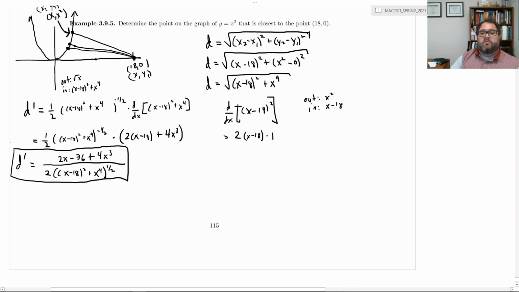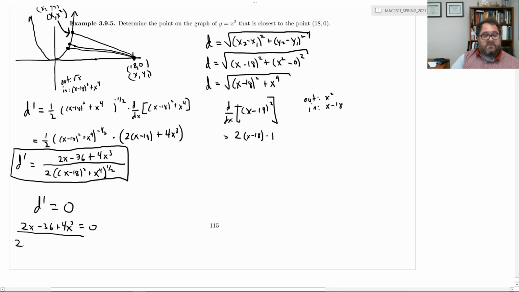Okay, now we want to set the derivative equal to 0 and solve. D prime equals 0. Now, you're going to hear me say this again. We are working with a quotient.